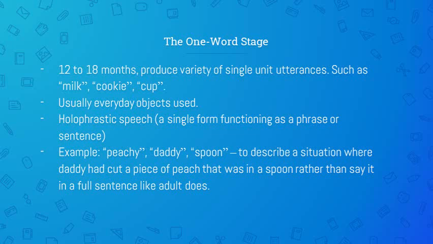The one word stage. From 12 to 18 months, children produce a variety of single unit utterances such as milk, cookie, cup, usually everyday objects. We sometimes use the term holophrastic speech, a single form functioning as a phrase or sentence, to describe an utterance that could be analyzed as a word, a phrase, or a sentence.